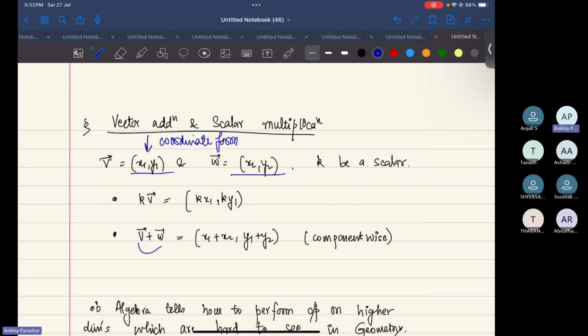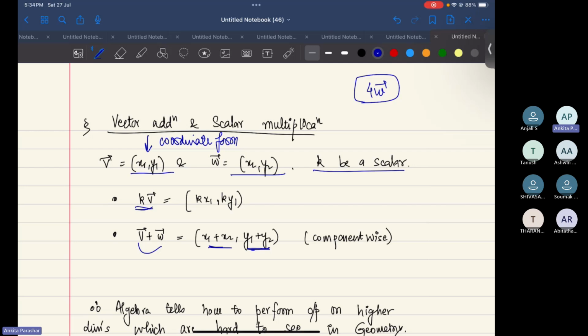Then we can sum up two vectors without looking at the geometry of those vectors. The sum is nothing but the component-wise sum: you have x1, the first component, and x2, the first component, for v and w, and you sum them up. Same thing if you have a scalar and want to scale up your vector, just like we scaled up our vector by 4 times. We saw it geometrically, but suppose I want to write it as a vector in R2.